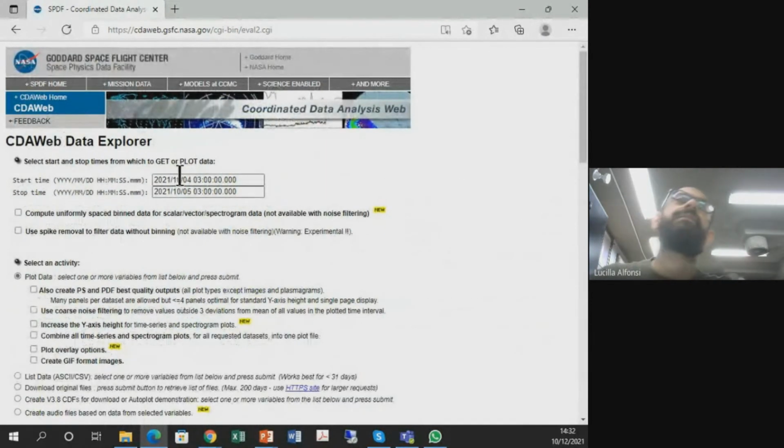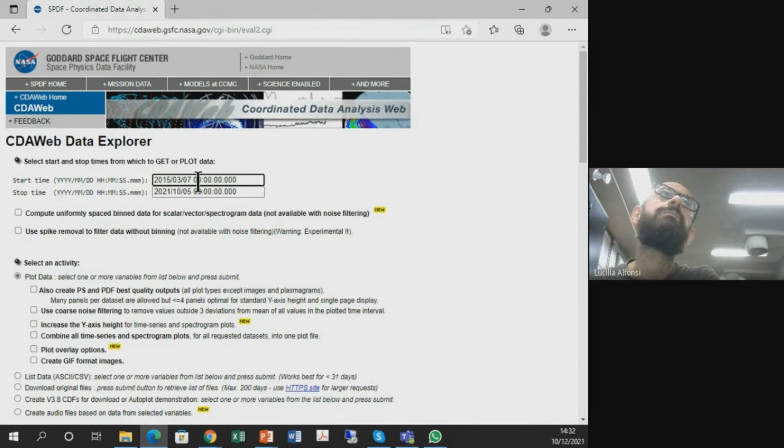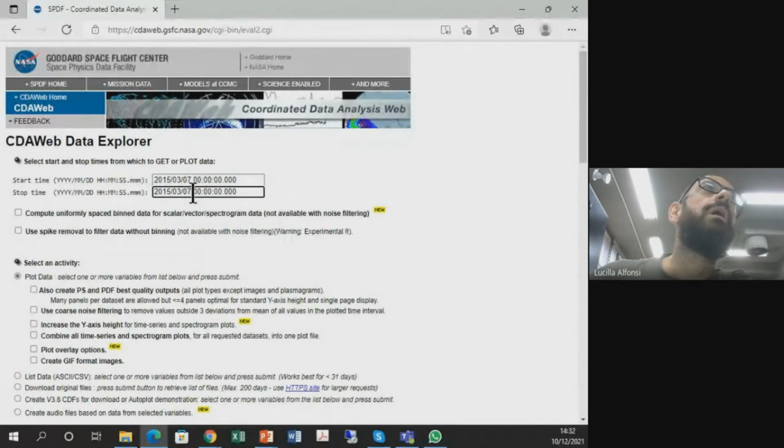Here we can select the date. So let's say during our St. Patrick Day storm, something like 17 from midnight, to 17 to 18.